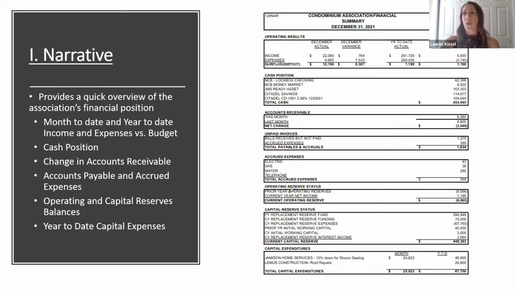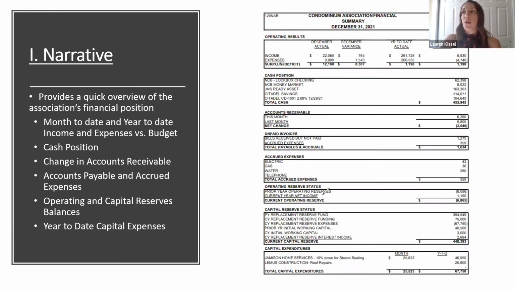The next is your operating reserve status. The first line that makes this up is your prior year operating reserves. This is a little misnamed because it should really be prior years. So this is all of the collective years put together. So between all of the years the association has operated, they have a bit of an operating deficit of $8,000.